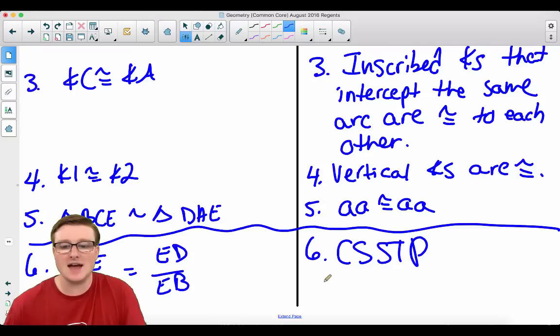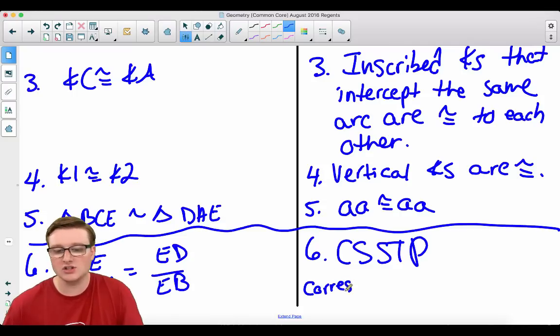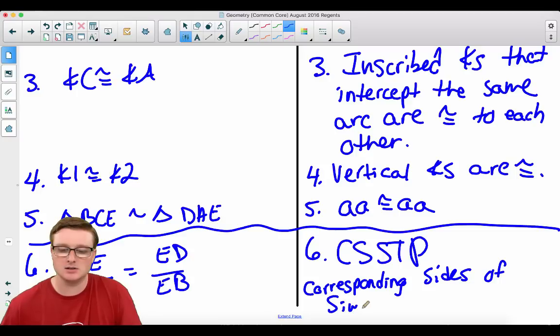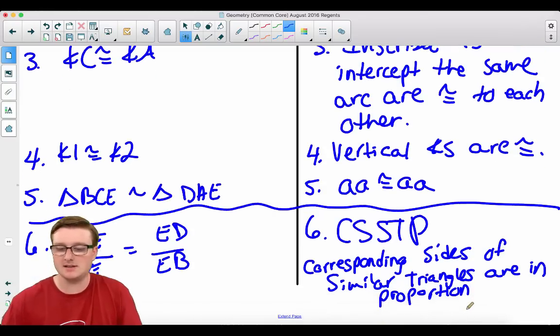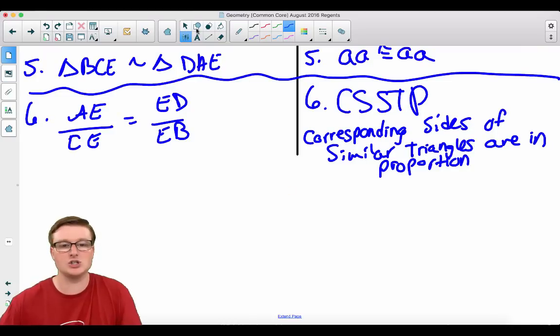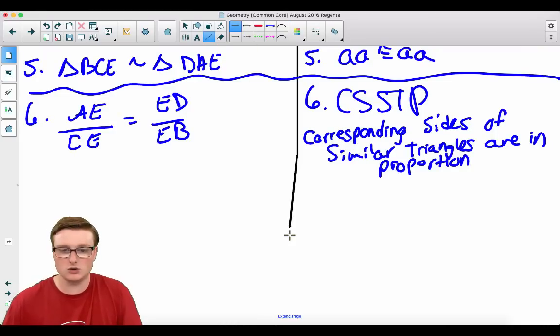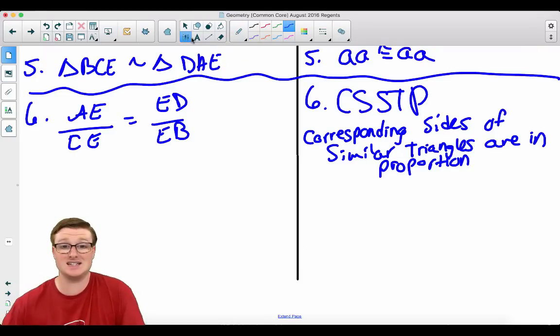Now, if you never heard of it, that stands for corresponding sides of similar triangles are in proportion. Okay? Corresponding sides of similar triangles are in proportion. It's just one of those things that you might have overlooked this year, but you definitely did learn CSSTP.